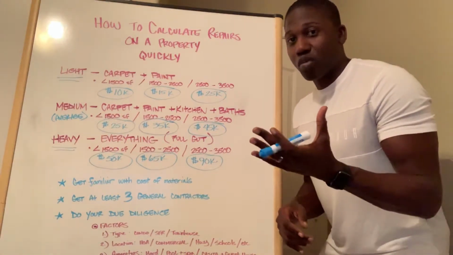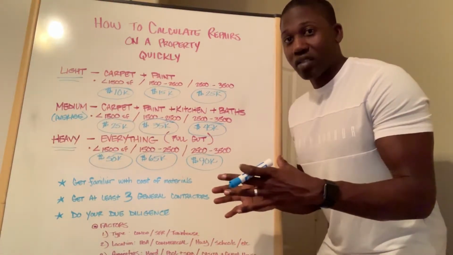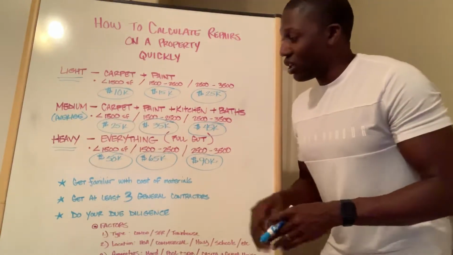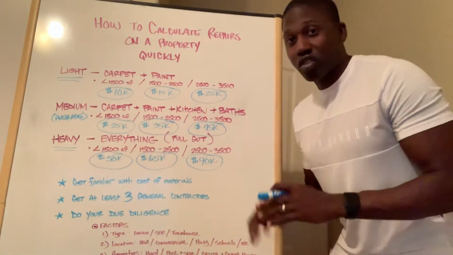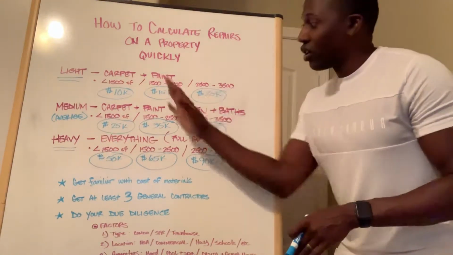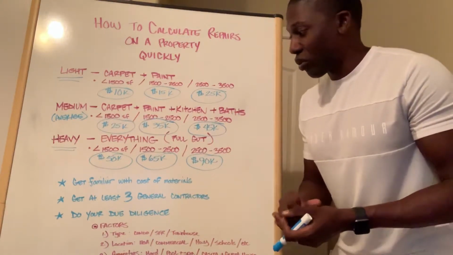You can talk to one of the workers there and say, okay, how much does this one can of paint cover in the house? And they'll tell you. They're more than likely to help you there, so just get familiar with those costs of materials. That way it takes a lot of the guesswork out of making the estimate for your cost of repairs and remodel.